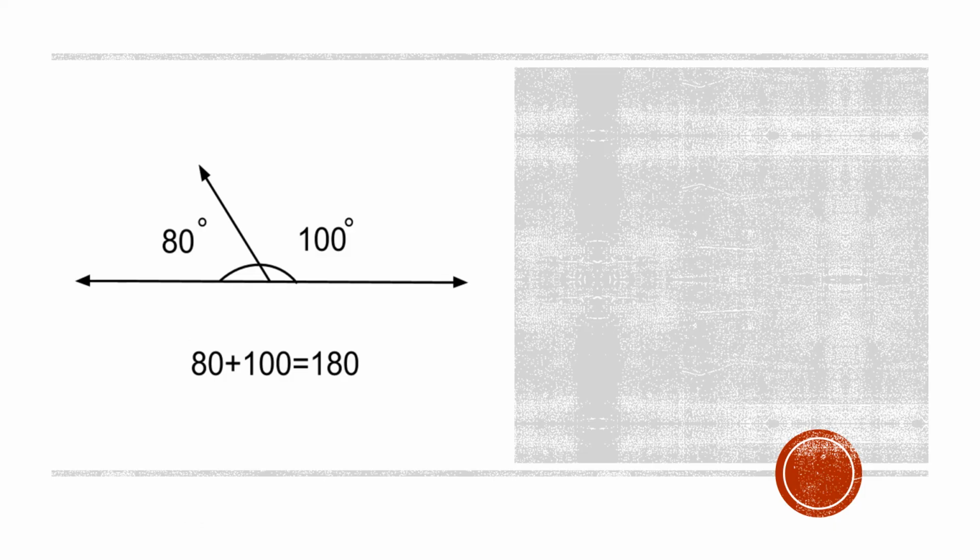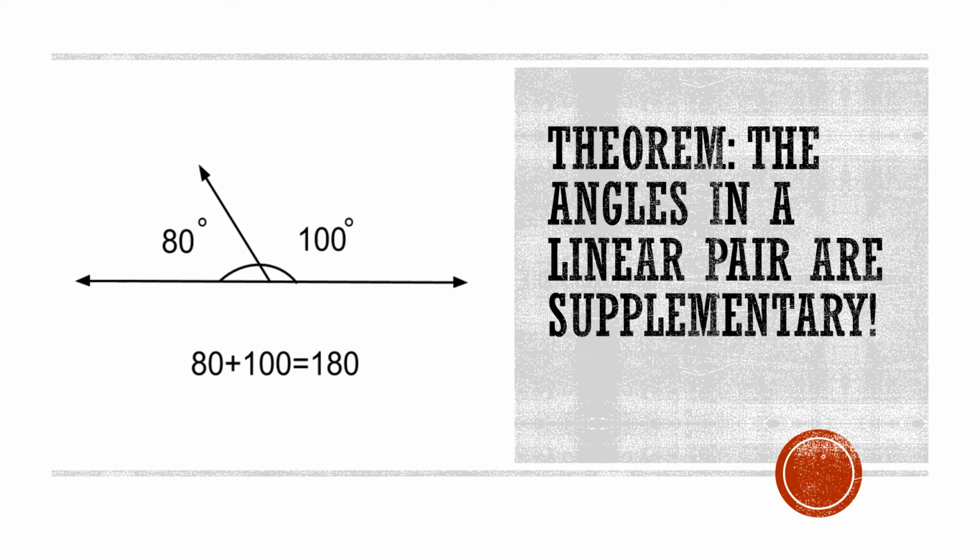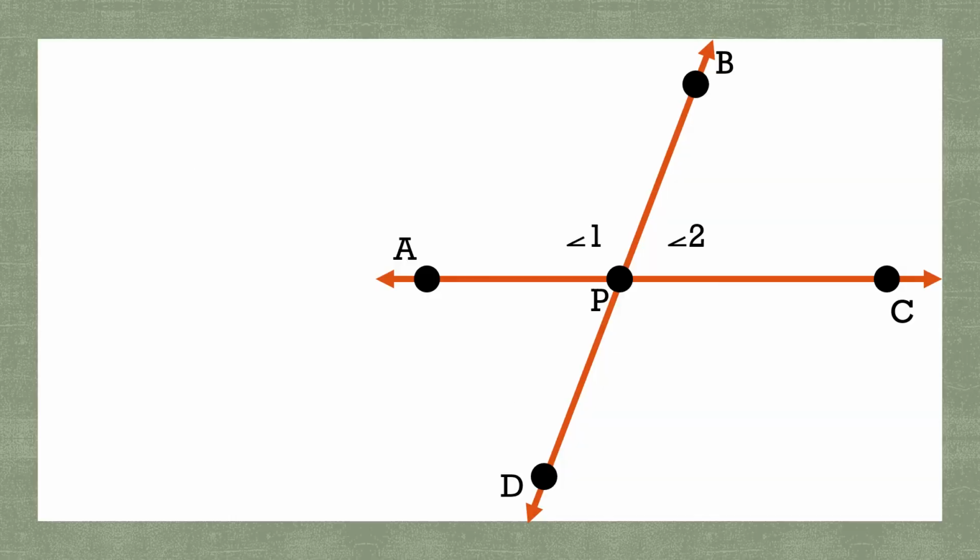Did you make a little bit of a connection here between linear pairs and supplementary angles? I hope you did, because I have a theorem for you. And that theorem states the angles in a linear pair are supplementary. So we're really just adding some vocabulary and some ideas here to some concepts with which we're already very familiar.